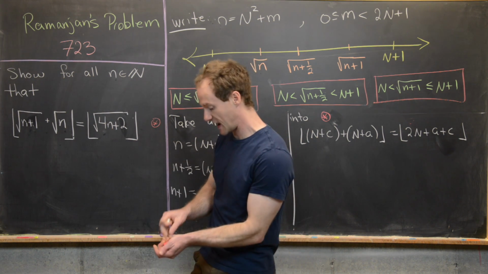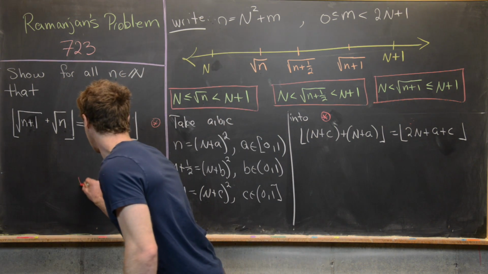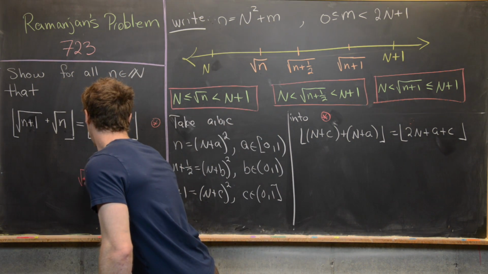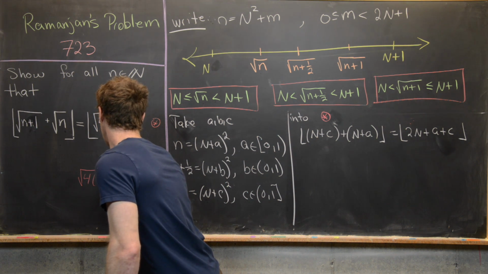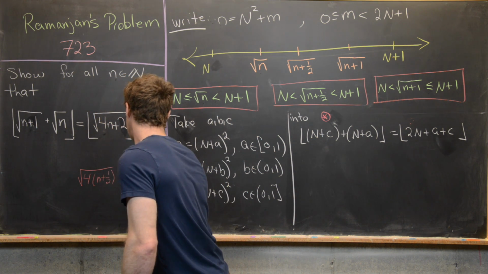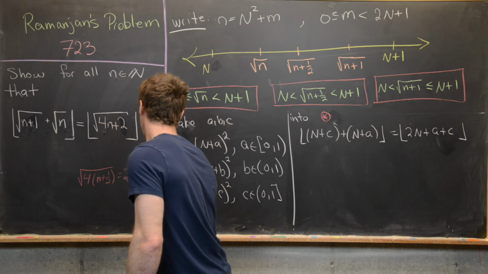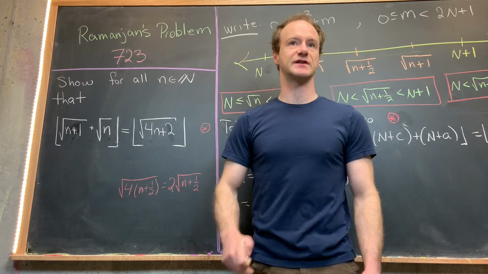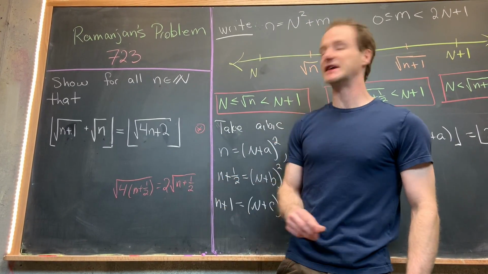So notice this right-hand side can be rewritten as the square root of 4 times the quantity n plus half, which is equal to 2 times the square root of n plus half if we factor that 4 out of the square root. So we'll take advantage of this.